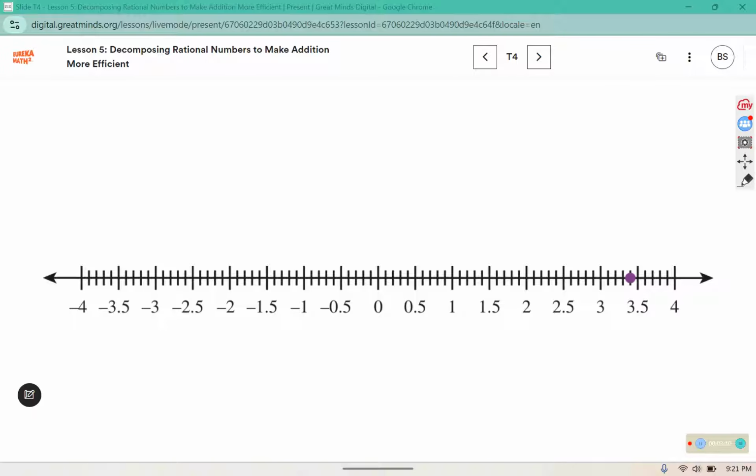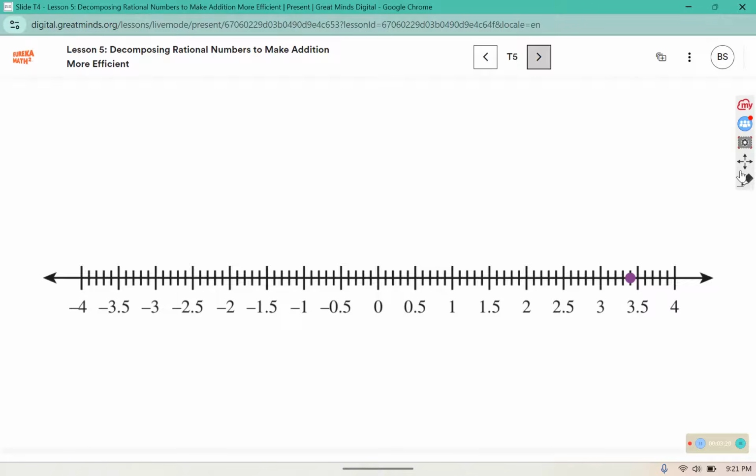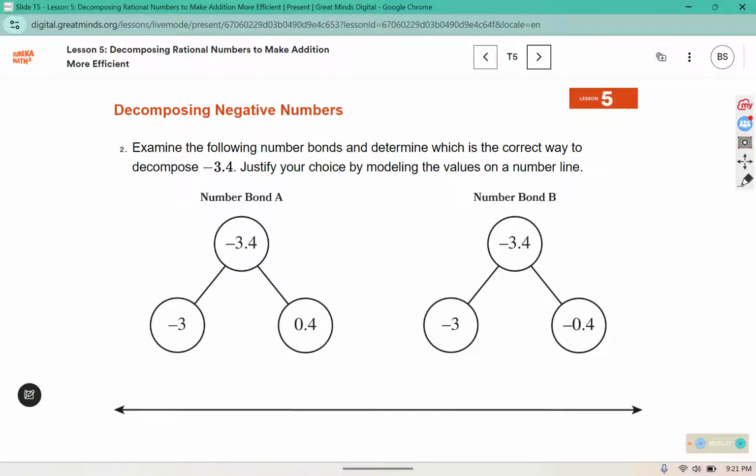Start to think about how we would decompose the opposite of 3.4, or how we would decompose negative 3.4. Here I have two possibilities. It says examine the following number bonds and determine which is the correct way to decompose negative 3.4. Justify your choice by modeling the values on a number line.